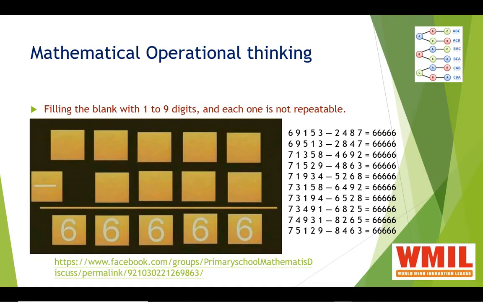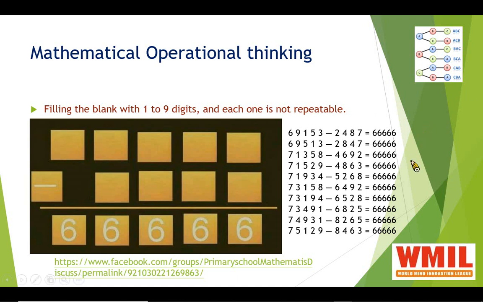Also, here you can see a very interesting question. It says you put the digits 1 to 9, each one not repeatable, into the boxes, where the upper is a 5-digit number minus a 4-digit number, and find the answer, 5, 6.